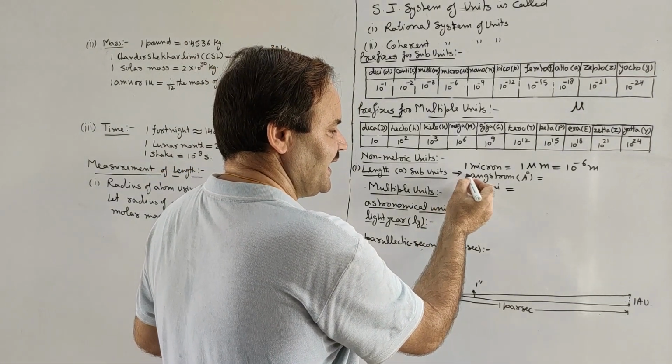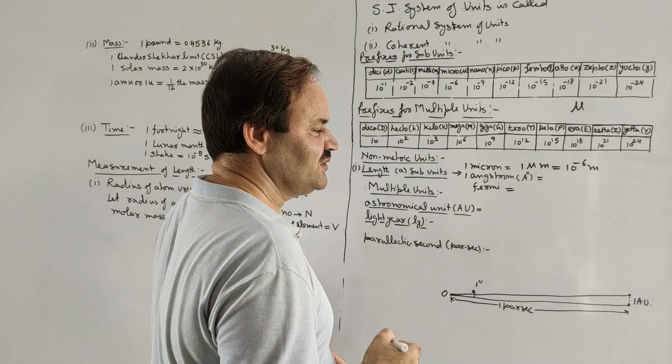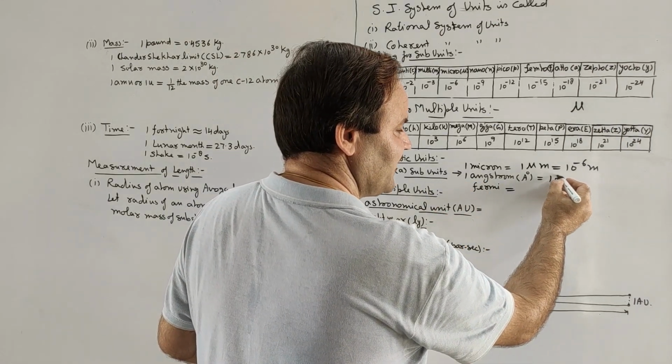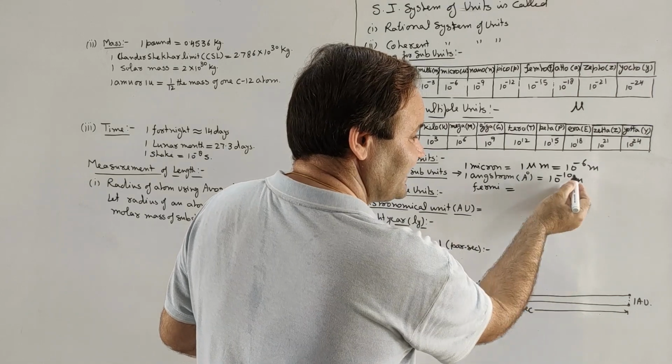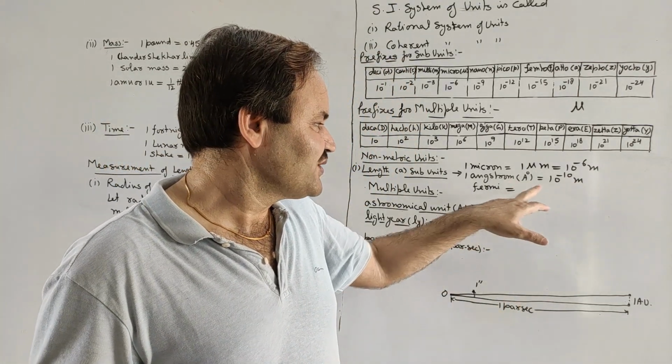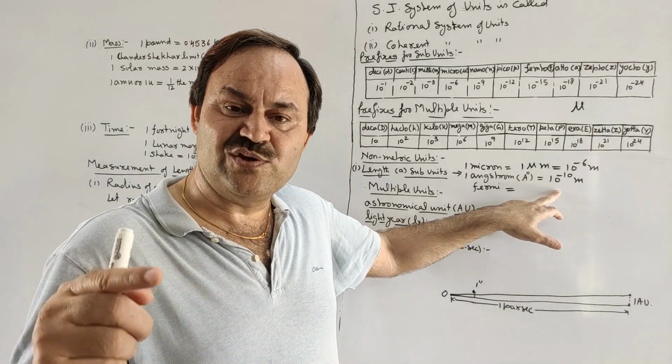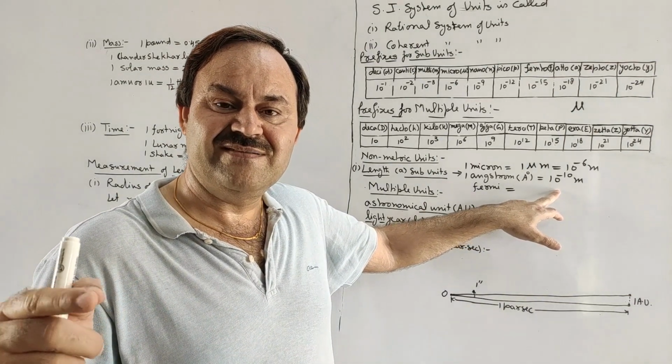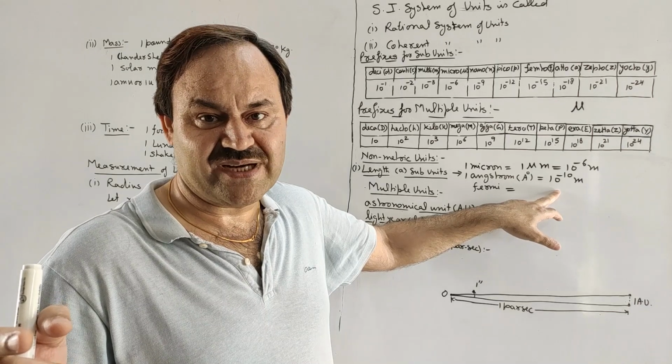Next is angstrom, and 1 angstrom is equal to 10 to the power minus 10 meter, and this is the size of an atom. So angstrom is used to measure the size of an atom as well as the wavelength of electromagnetic waves.